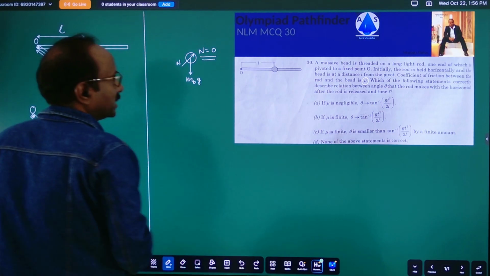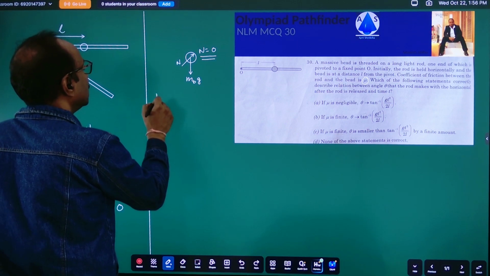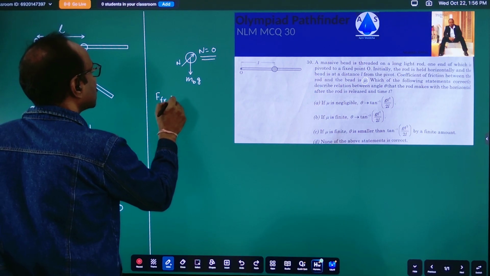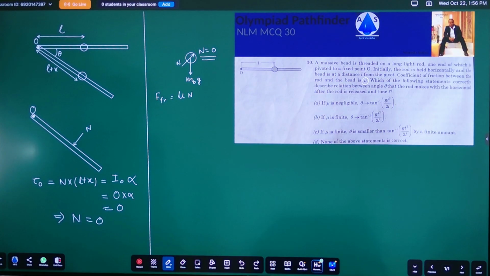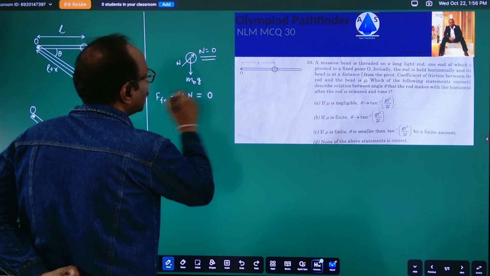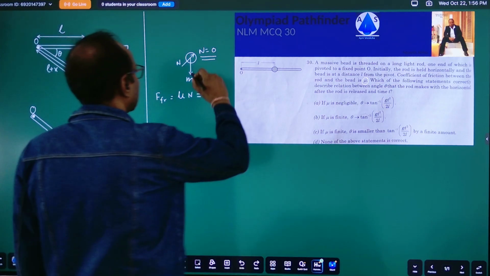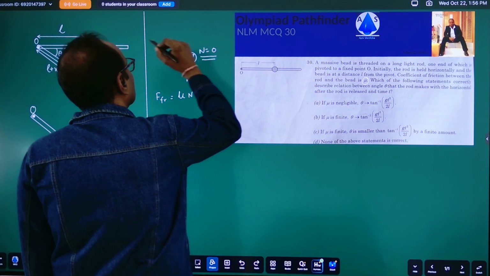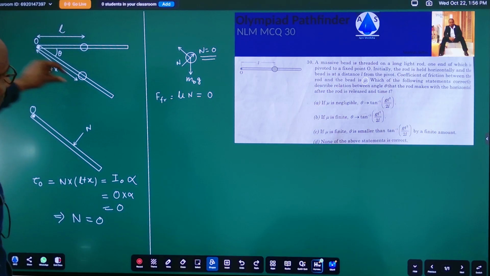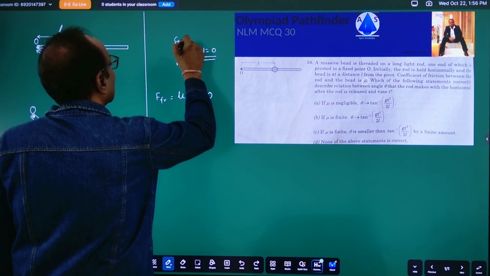We know by the friction force formula that the friction force on the bead will be mu into N, but N is equal to 0. So mu N will be 0, means the friction force which we were expecting to act on the bead in this direction against its motion is also 0.